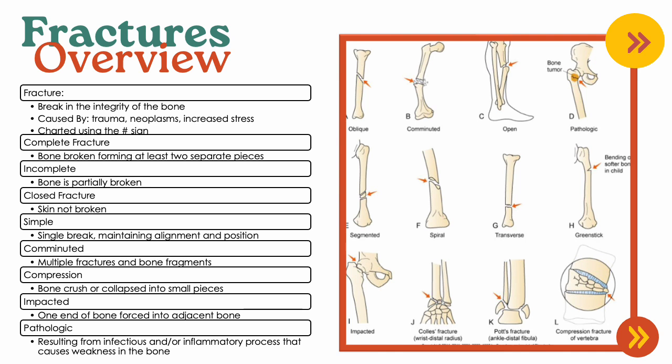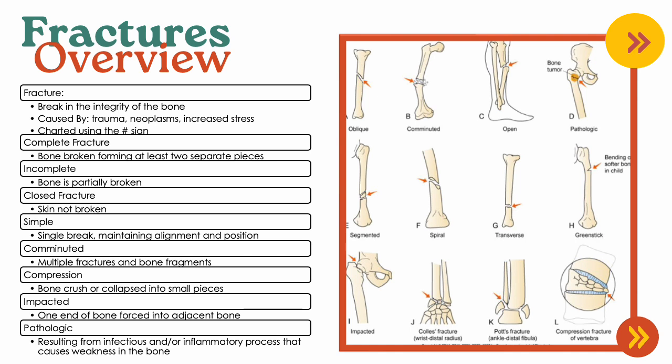As far as a complete fracture, you have a bone broken that creates at least two separate pieces. So you have to have two separate pieces. An incomplete fracture is where you have a partially broken bone. You can have closed fractures where there is either an incomplete or a complete fracture, but the skin is not broken. You don't see any bones that have punctured the skin.